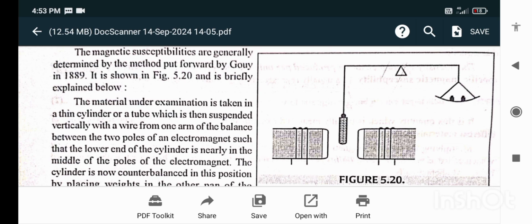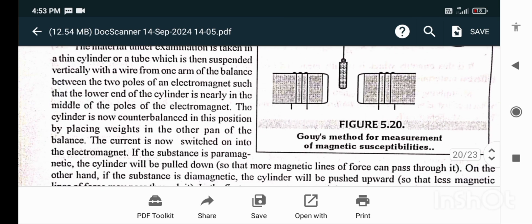The cylinder is now counterbalanced in this position by placing weights in the other pan of the balance. The current is now switched on in the electromagnet. If the substance is paramagnetic, the cylinder will be pulled down so that more magnetic lines of force can pass through it.